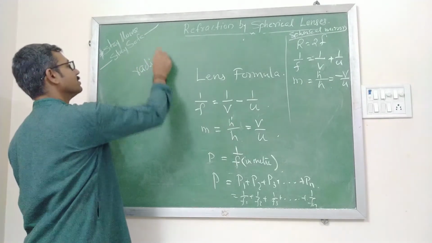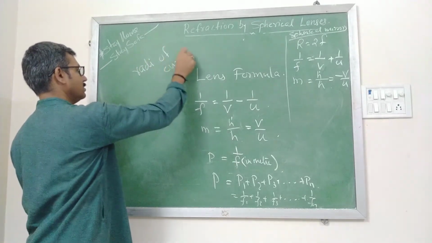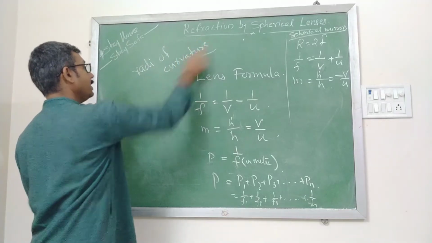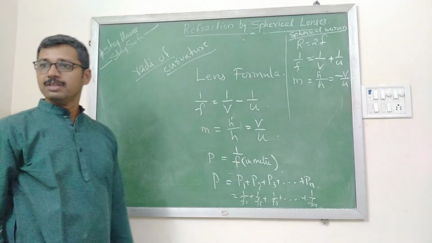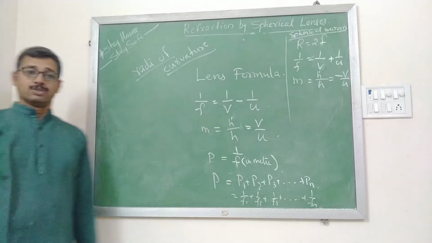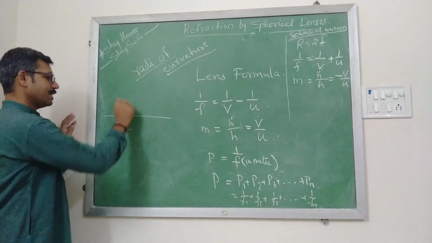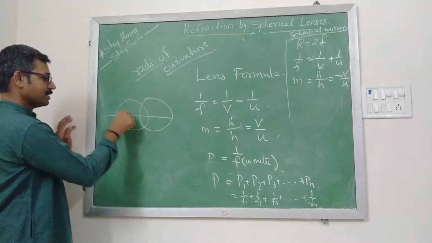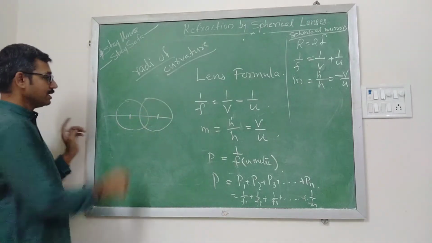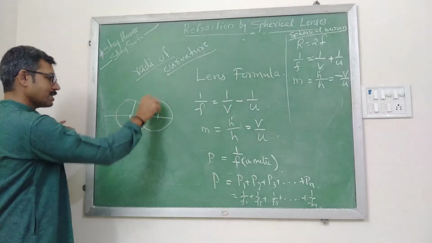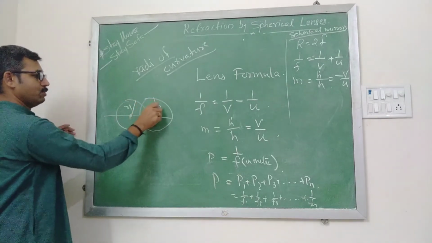Then one more term I forgot to tell, the radii of curvature. Yesterday we saw that two spheres are there, having two radii, R1 and R2.